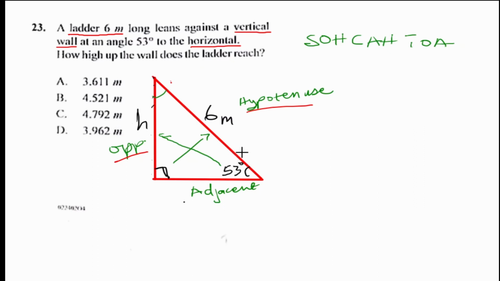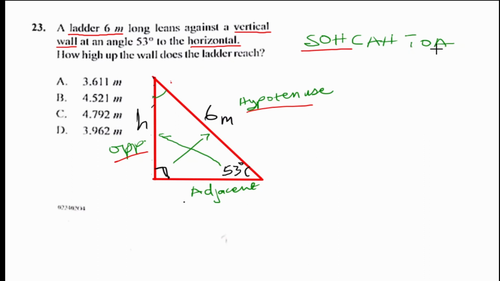And I'm sure you are going to tell me it's sine, because sine makes use of opposite and hypotenuse. Cos will make use of adjacent and hypotenuse, but adjacent is not one of the sides you are looking for, so it will be a waste of time to go and calculate that.